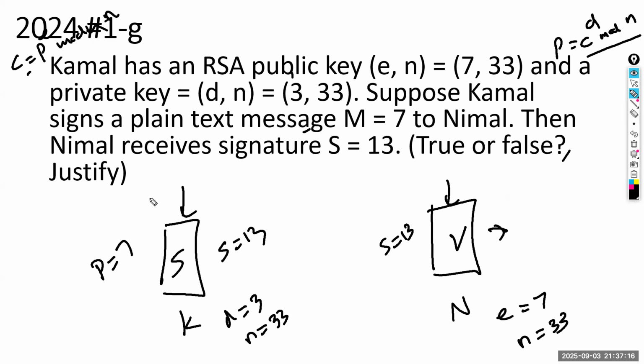Signing means this comes here, but rather than P, we call it S equals P to the power D mod n. P is 7 to the power D mod 33. So 7 to the power 3 mod 33.